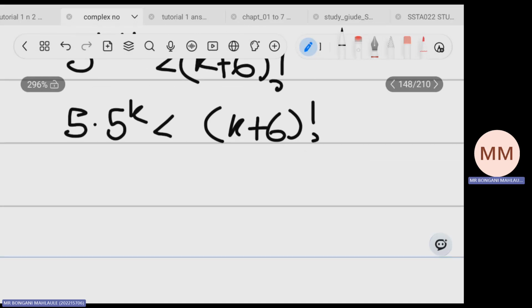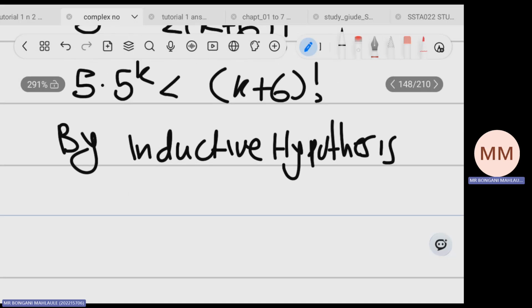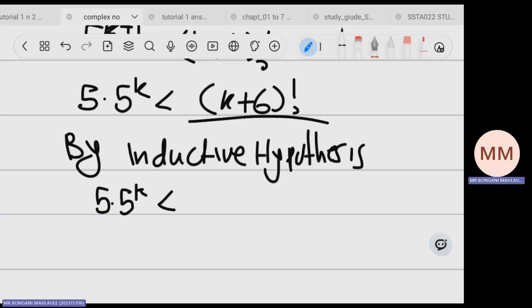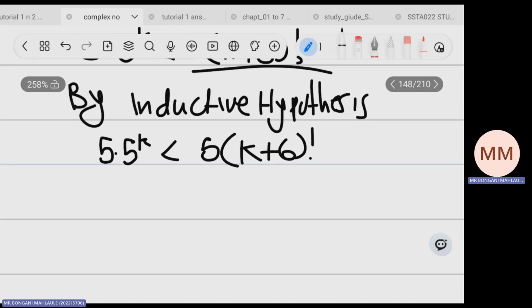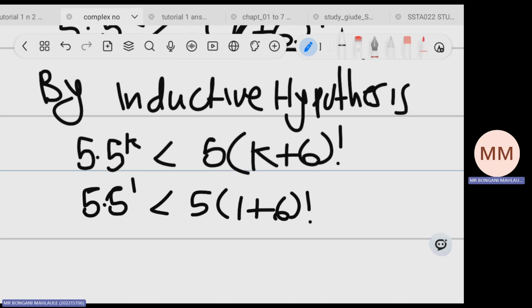So if I apply the assumption or the inductive hypothesis, we want to apply the laws of inequalities. We know that if I multiply this side by 5, the right hand side will always be bigger. You can even check with numbers. This is 7 factorial times 5. This is just 25.